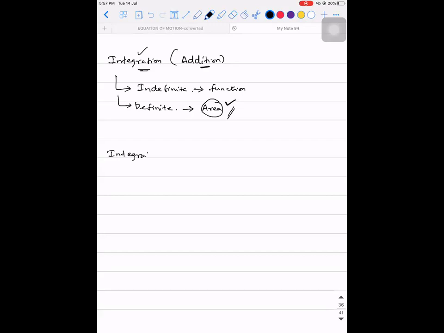You can write down: integration is a tool which is used to find the area bound by a curve with respect to the independent axis.